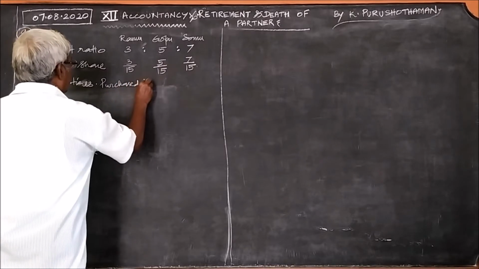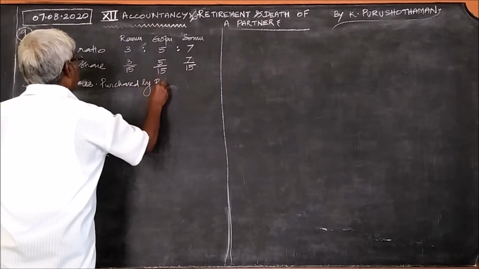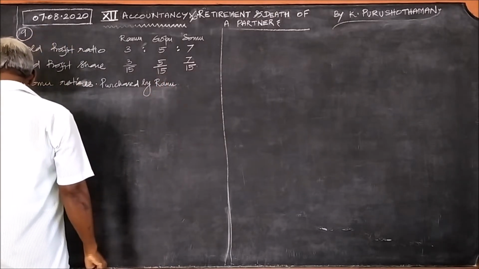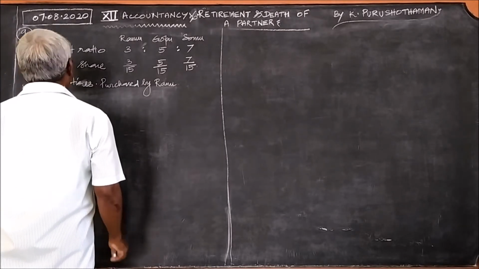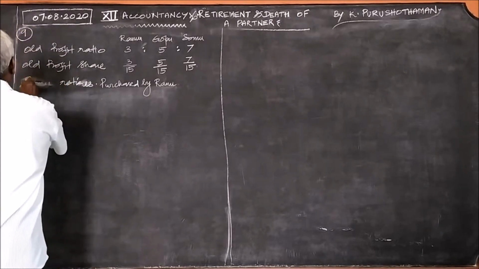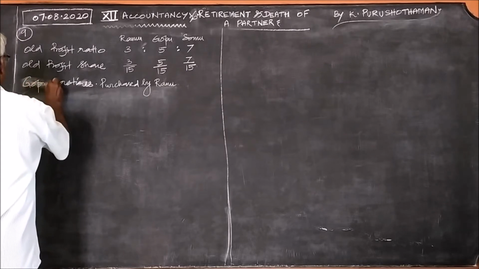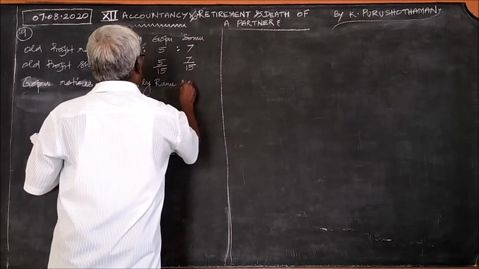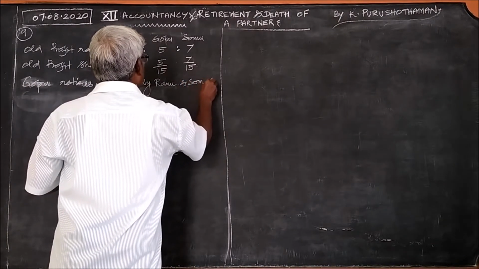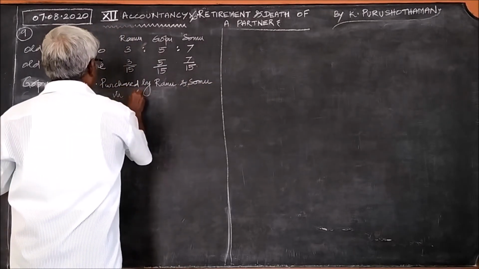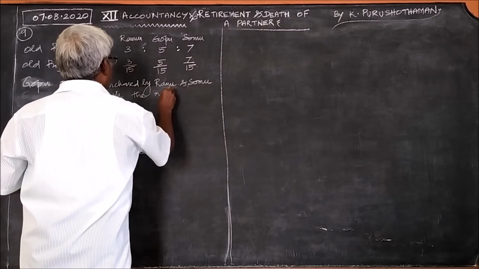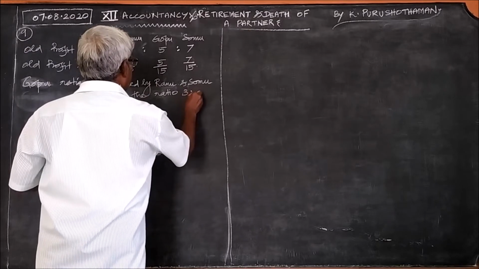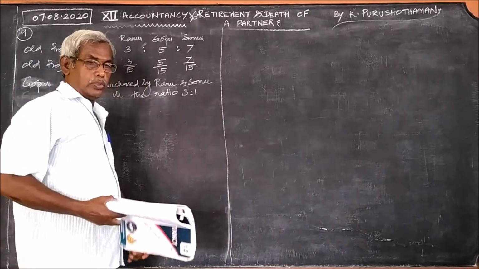Purchased by Ramu and Gobu. Somu retires and Gobu retires. This is not Somu, Gobu. Gobu retires, purchased by Ramu and Somu in the ratio 3:1.